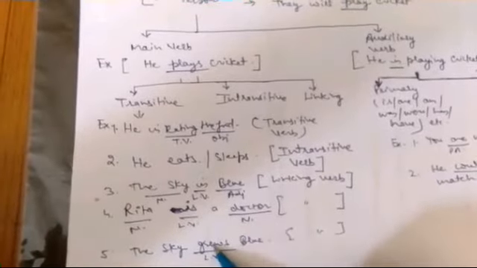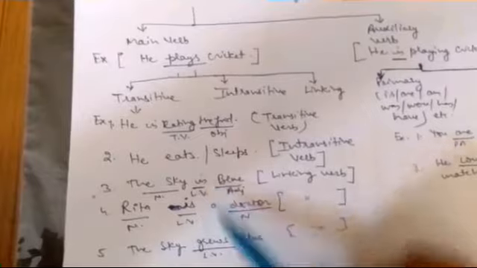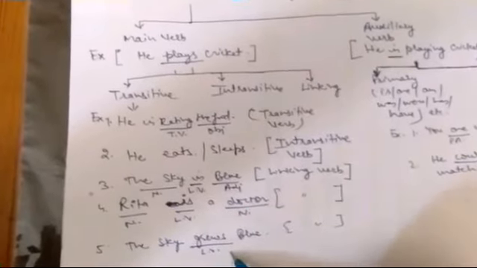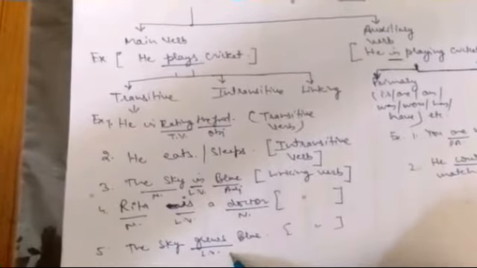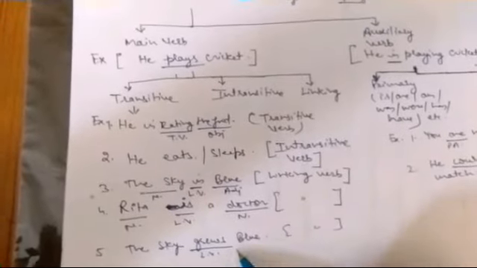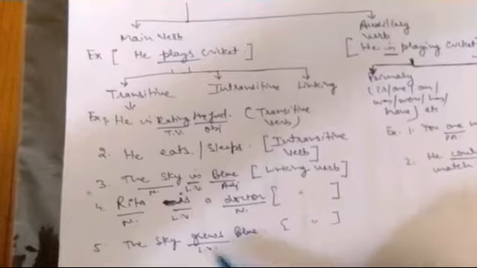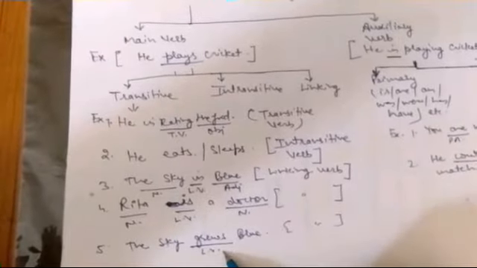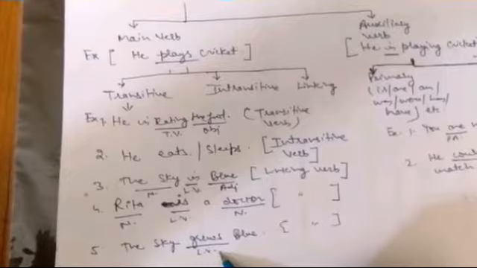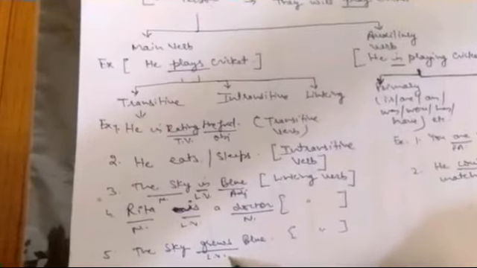This linking verb replaces is, and it also joins two words, one noun and one adjective. So this is also a linking verb. Okay, so now you are getting my point. Number one, verb.